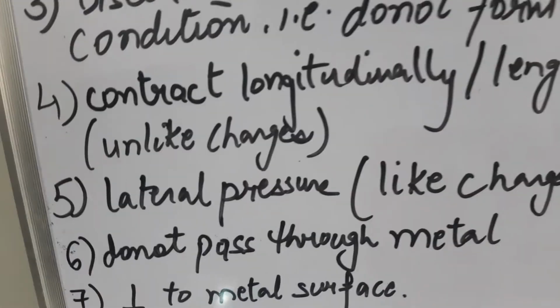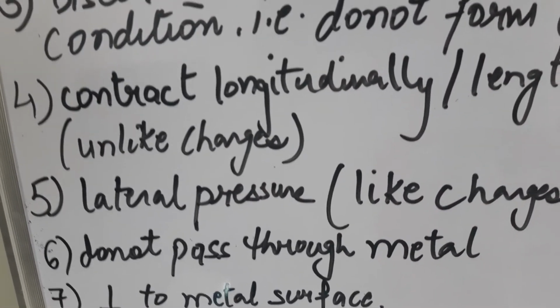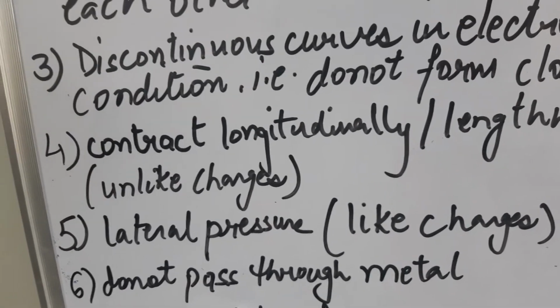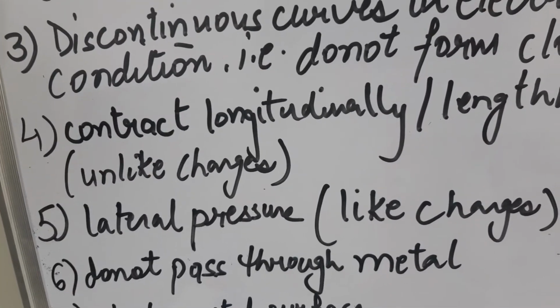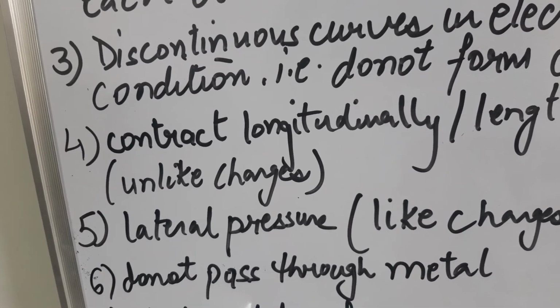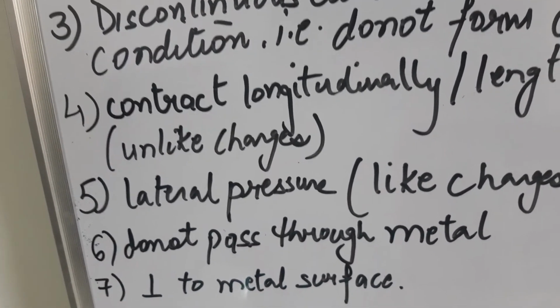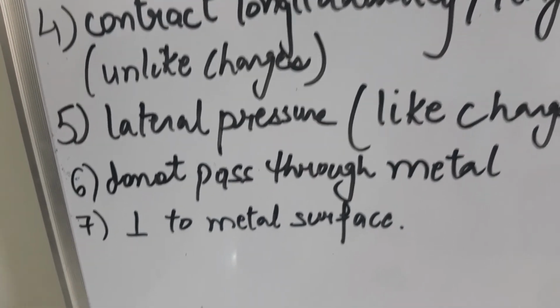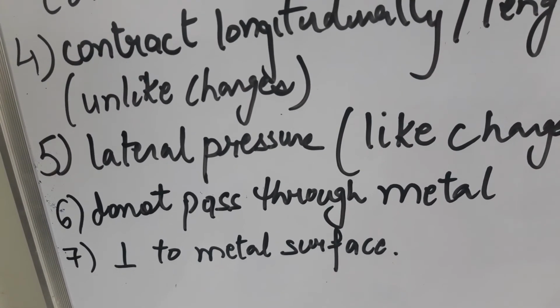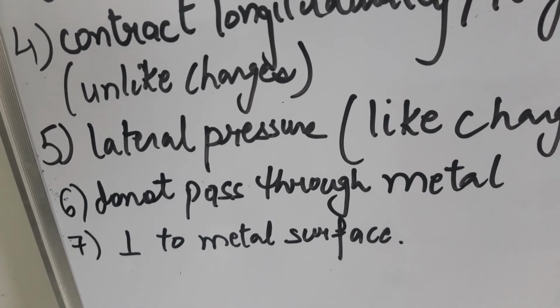Next, they do not pass through the metal. We studied in the previous topic that metals do not have electric field intensity. Since there is no electric field intensity, there cannot be any lines or curves drawn such that the tangent gives any direction of the electric field intensity at any point inside the metal. And the last property is that they are perpendicular to the metal surface, which is also as per what we have already studied.